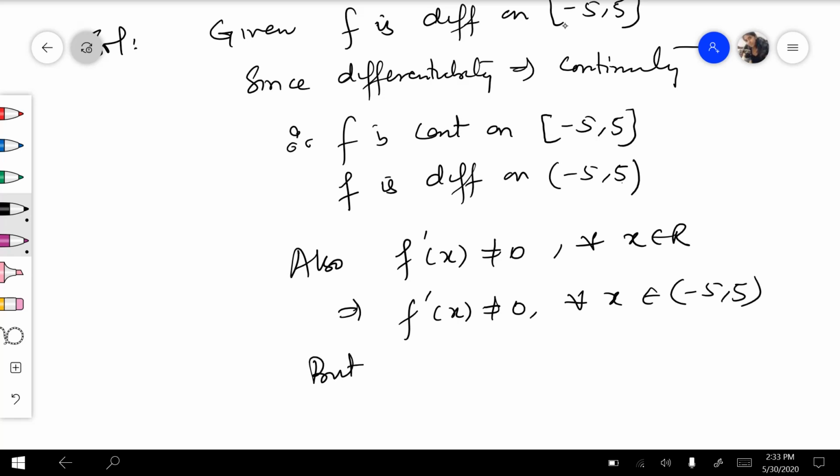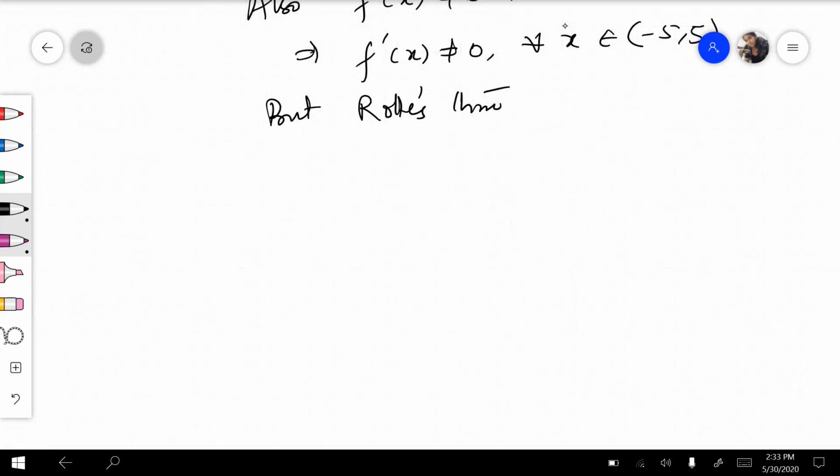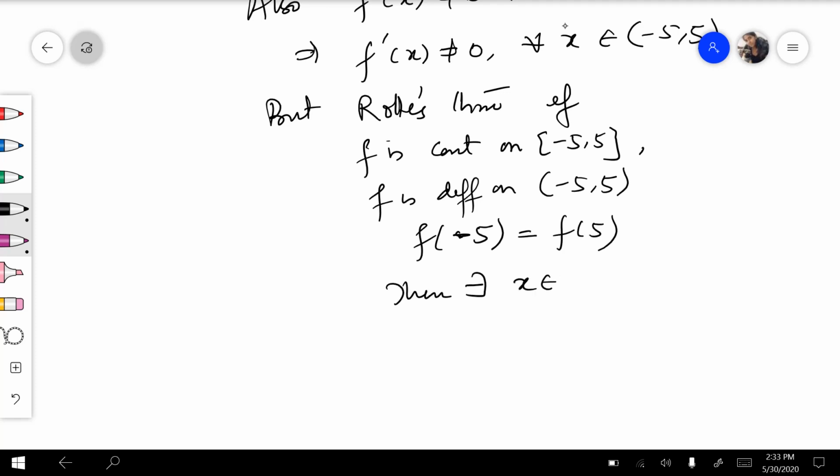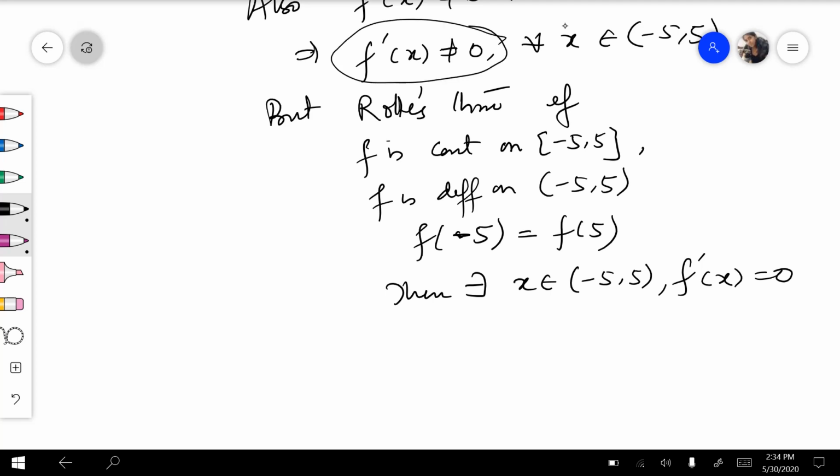But Rolle's theorem states, if f is continuous on the closed interval -5 to 5, f is differentiable on the open interval -5 to 5, and f of -5 is equal to f of 5, then there exists x belongs to -5 to 5 such that f dash x is equal to 0. But what we are given here, f dash x is not equal to 0.